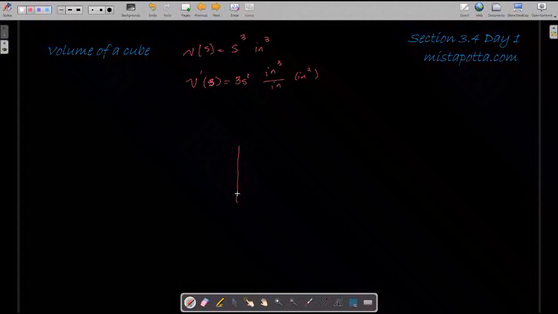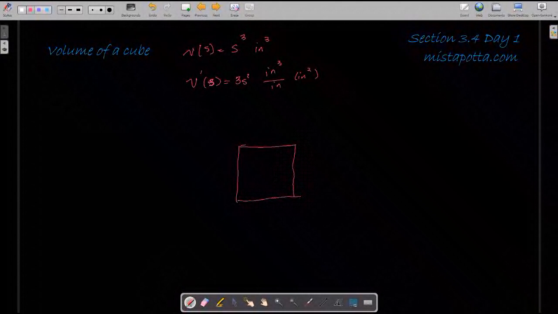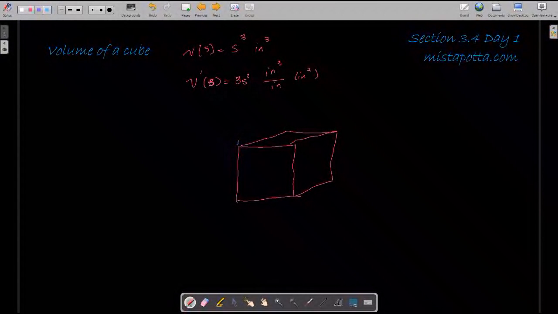What's really interesting is if I were to draw a cube, the increase of volume is going to be increasing this way. It's going to be increasing this way.